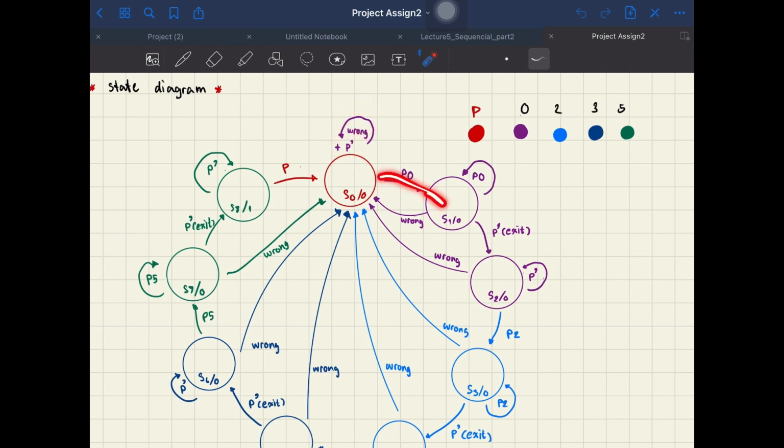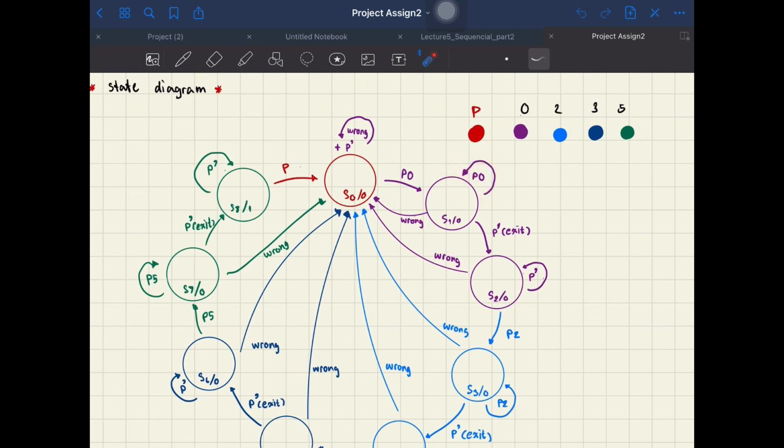If you want to go to state 1, you must enter the correct password. How to enter the correct password? You must press 0, right, to transition into state 1. Now we are in state 1. While the clock is running, if your finger is on the 0 button, you will stay in state 1.